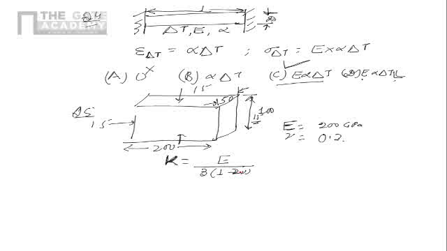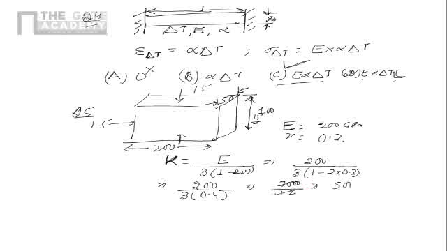Now I can calculate the bulk modulus in this case, which is equal to 200 by 3 times 1 minus 2 into 0.3. 2 into 0.3 is 0.6, 1 minus 0.6 is 0.4. So this becomes 2000 by 12, and I divide by 4, so I get 500 by 3.